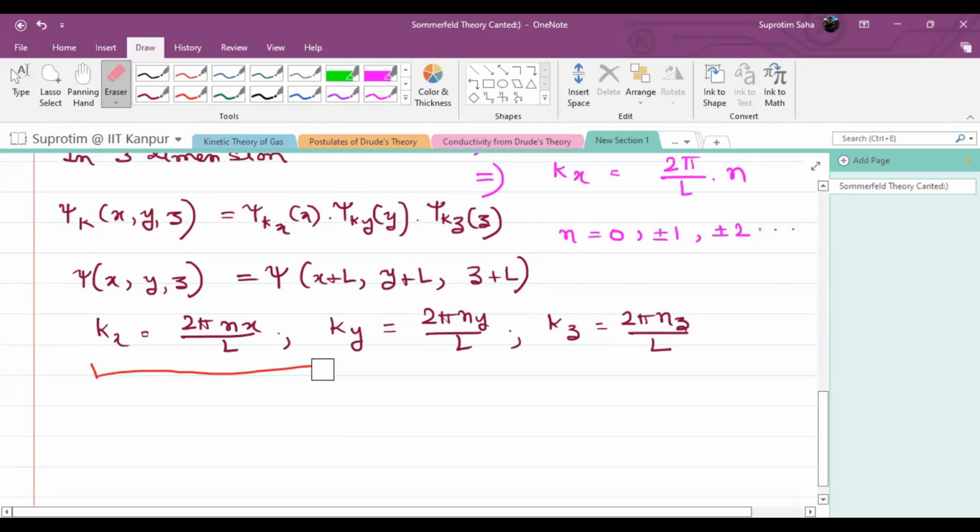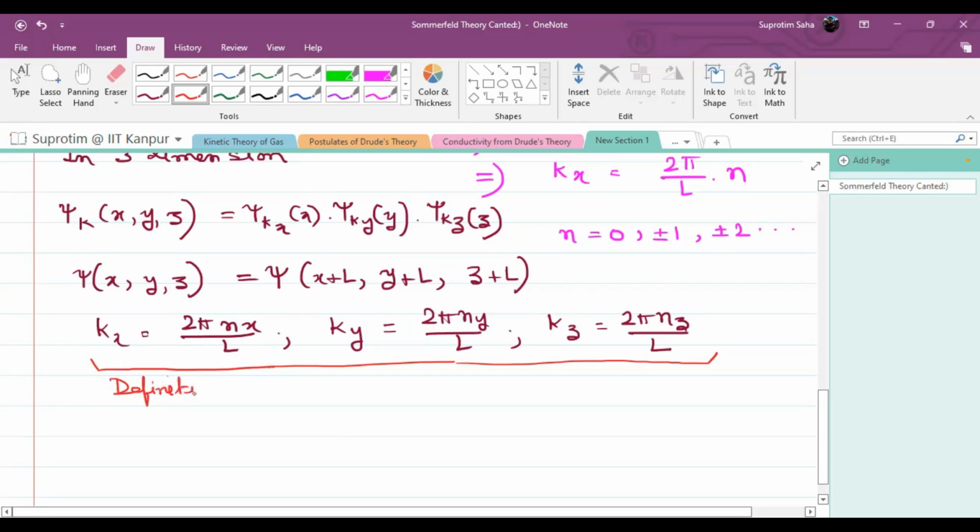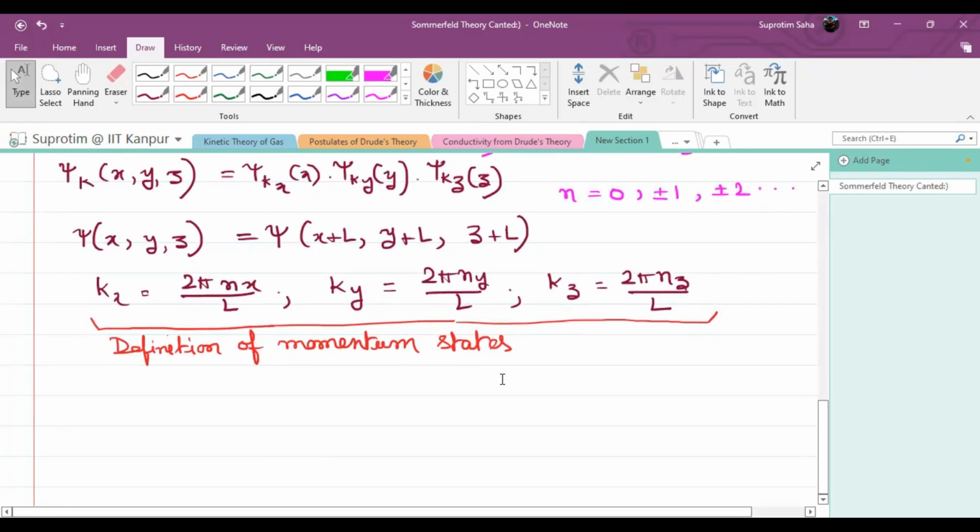This is what you get in three directions.